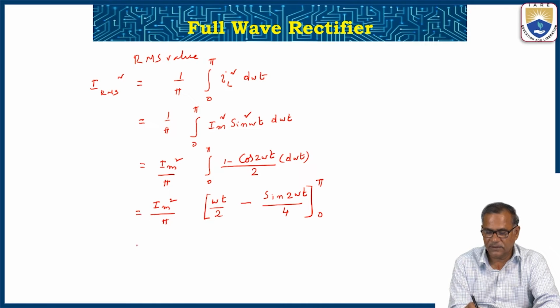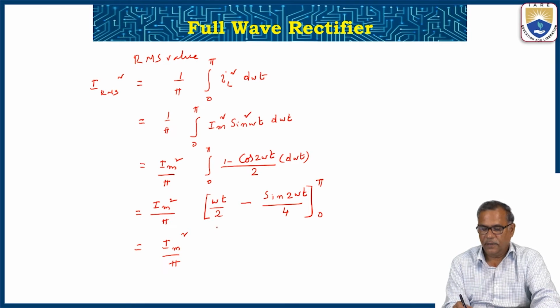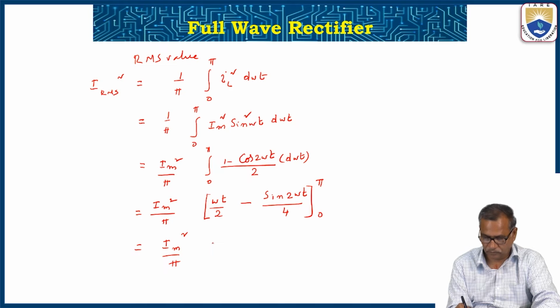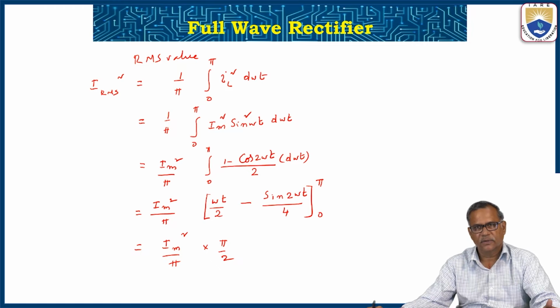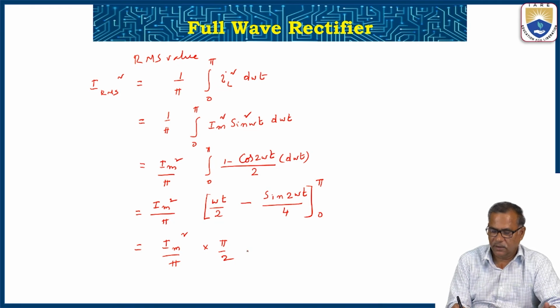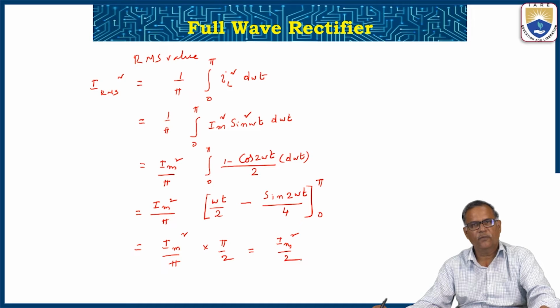So this will give us the value as Im square by pi into pi by 2. And sine 2 omega t, once you put the pi, 2 pi, it is 0. So we can neglect it. So you get the value as Im square by 2. So this is the RMS value of current for full wave rectifier.